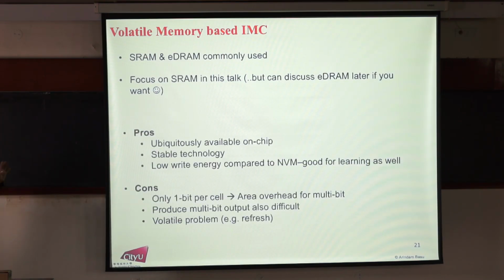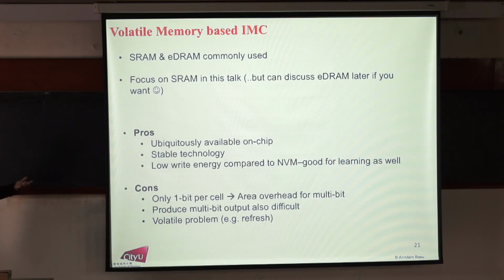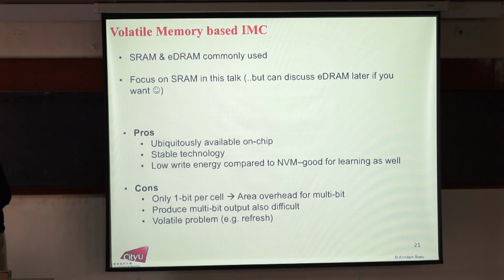Okay, so pros and cons, volatile versus non-volatile. Volatile memory is there on every chip, right? Any computer chip, you have cache, which has a lot of SRAMs. It's a very stable technology, studied for many years, decades. And Chetan talked about write: these have much lower write energy compared to non-volatile memory.